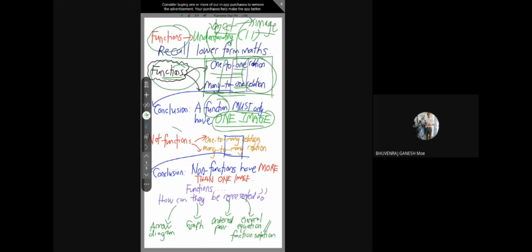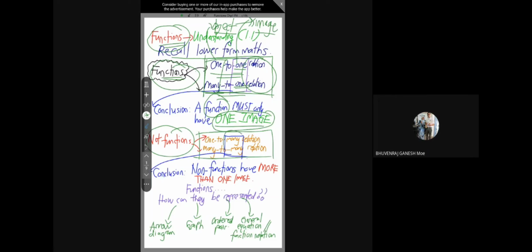So what about non-functions? Although this chapter is talking about functions only, we also have to learn how to identify whether something is a function or not. If it's not a function, it's going to be one of these two types, which are one to many and many to many.